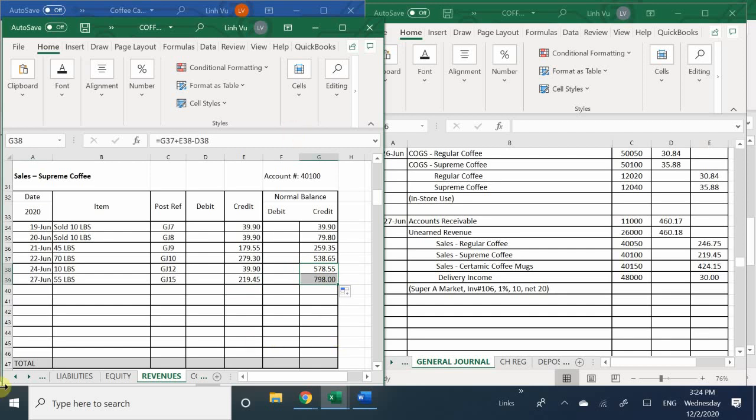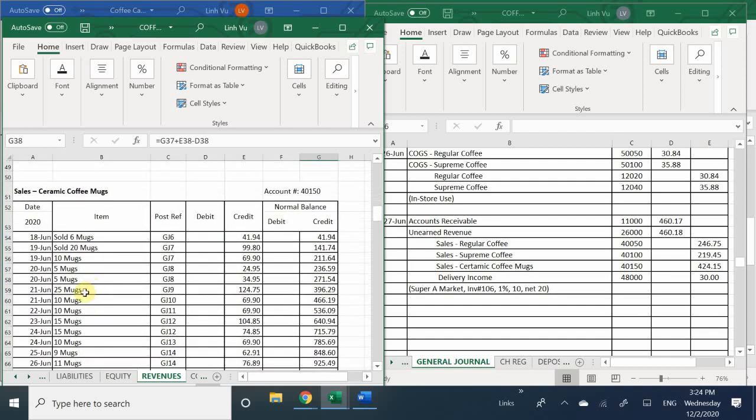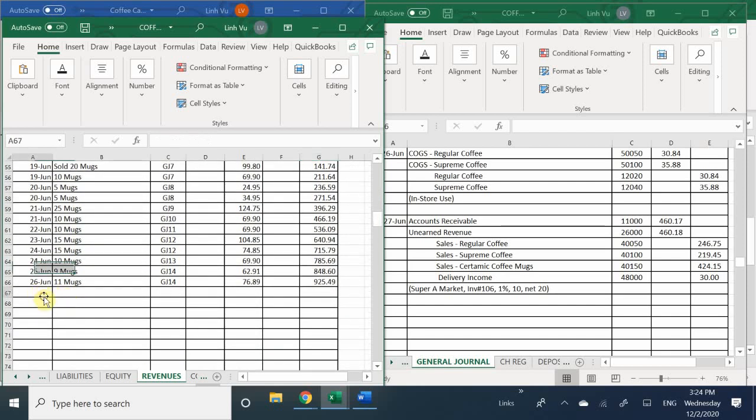All right, and now we will go to the ceramic mugs, 41.50. And that was for 85 mugs.